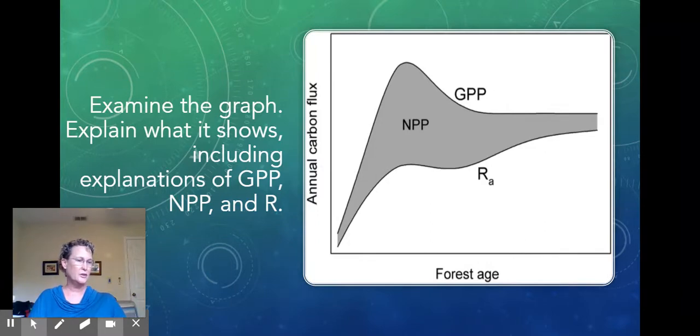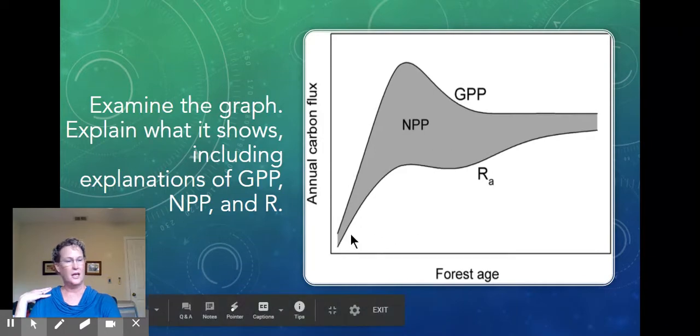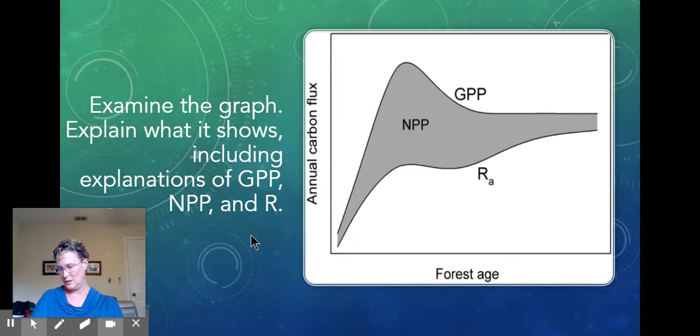You should examine the graph and explain what it shows, including an explanation of gross, net, and respiration. Please pause and write down an explanation, and I will be telling you a little bit more in just a minute.